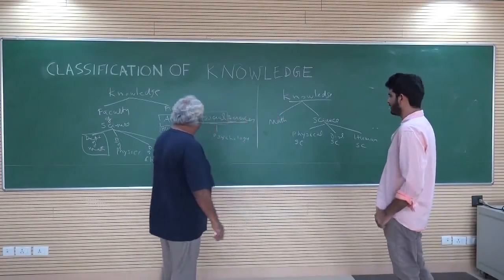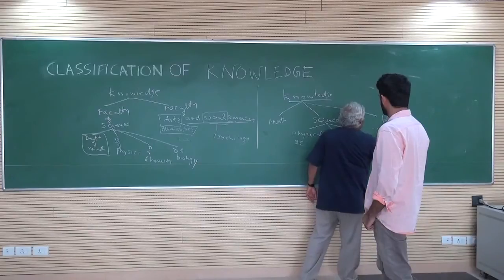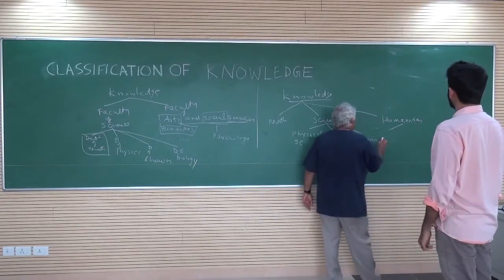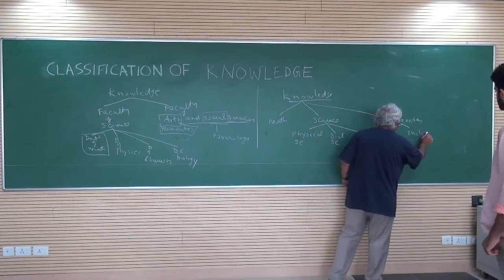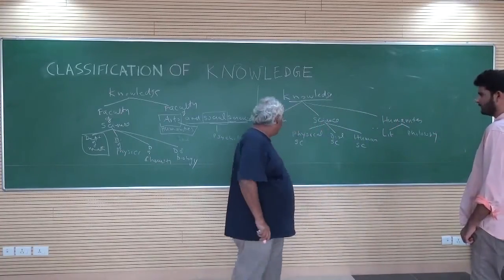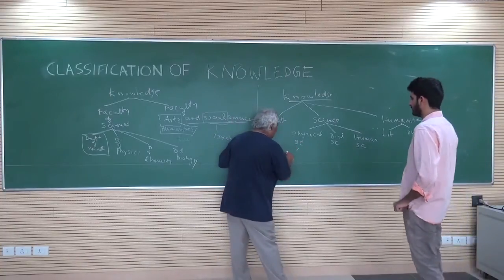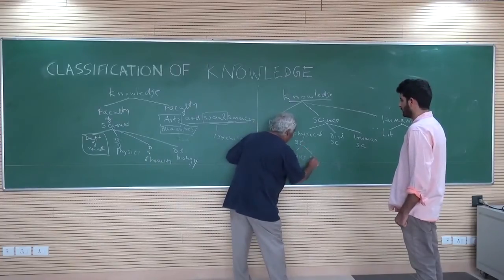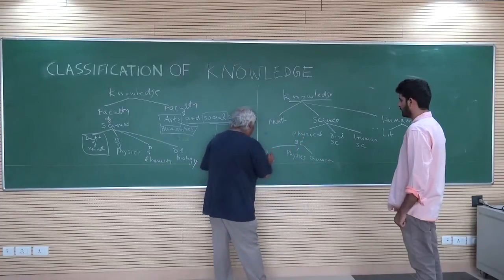So where would philosophy come in? Philosophy will not be a science, so you can say philosophy will be under humanities, and you could say literature and philosophy would be there. In physical sciences, you have physics, chemistry, and astronomy.